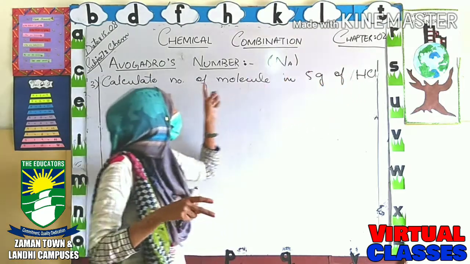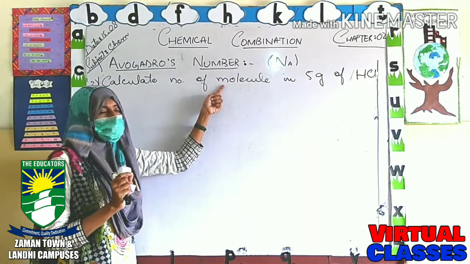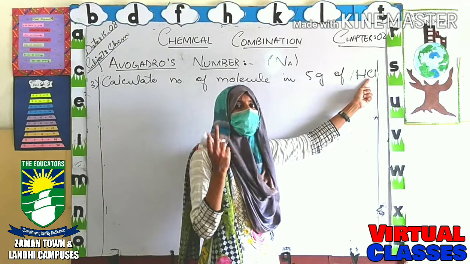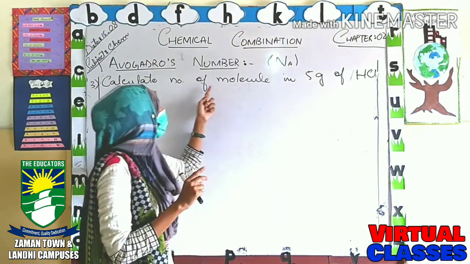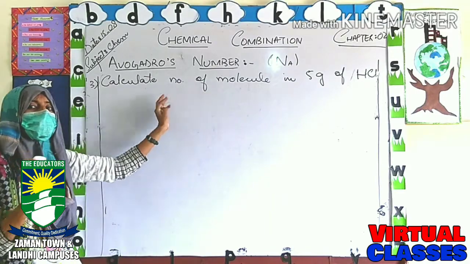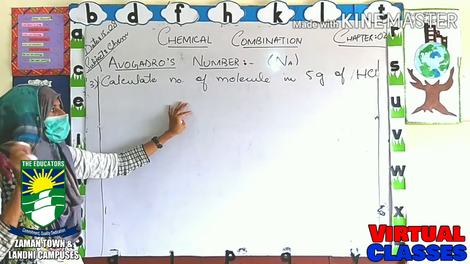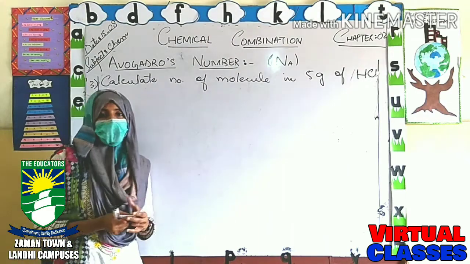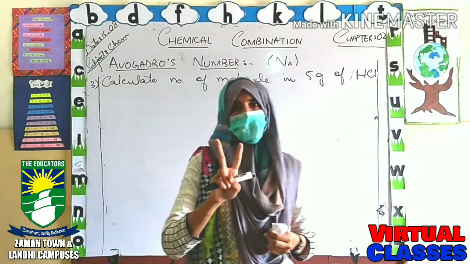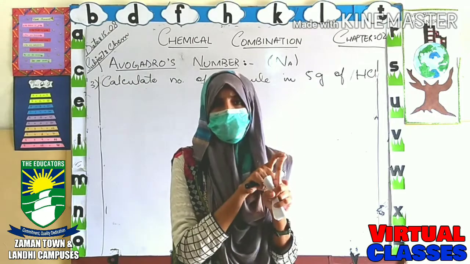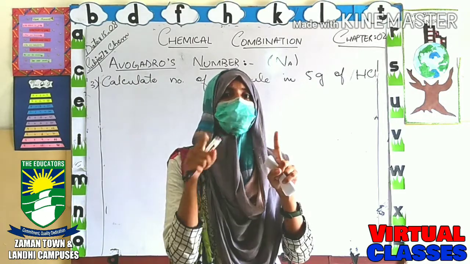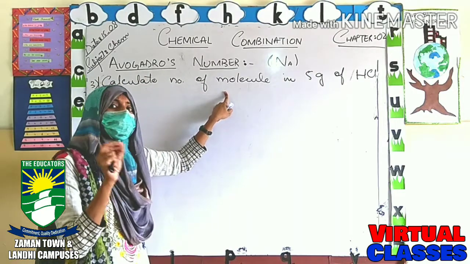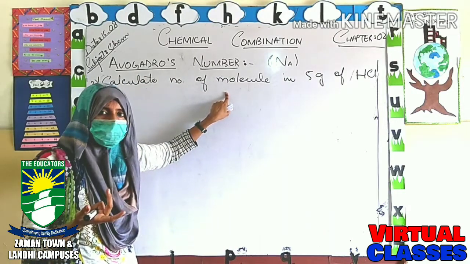So here they are using the word molecule. HCl, hydrochloric acid. It is a molecule by the combination of 2 atoms. So here they are not using the word atom. The word which will be used here is molecule. As in the starting we mentioned the 2 formulas, the first was the number of molecules and atoms equals n multiplied by Na, and now in this numerical which formula would be applied?